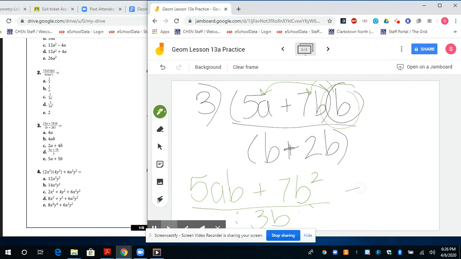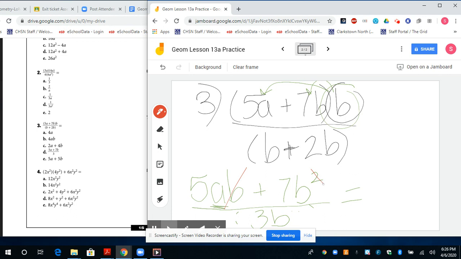Okay, what do they all have in common? So let's see if we can get rid of something. Do they all have a number that they have in common? 5, 7, and 3. No, those are actually all prime numbers, so they can't be simplified. Do they all have an a? Nope, only the 5a has an a. And do they all have a b? Yeah, so they all have one b at least, so I can cross out that b.